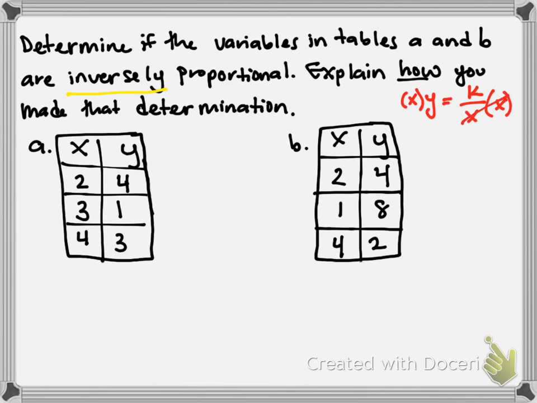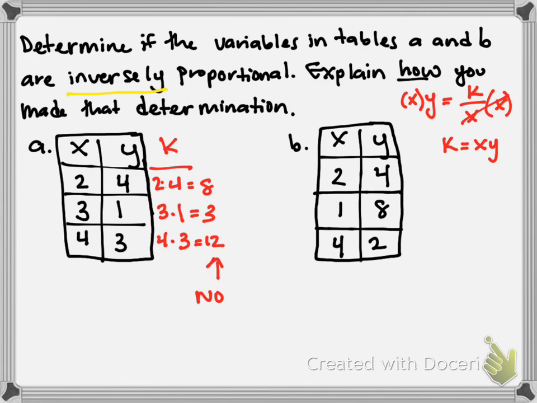So k equals x times y, or y times x. So let's look here. Can we solve for k? x times y is 8. x times y is 3. x times y is 12. Are these all the same number? Nope. So A is not inversely proportional.